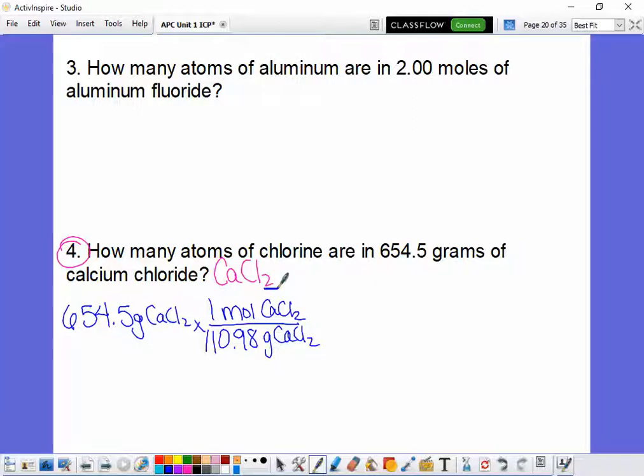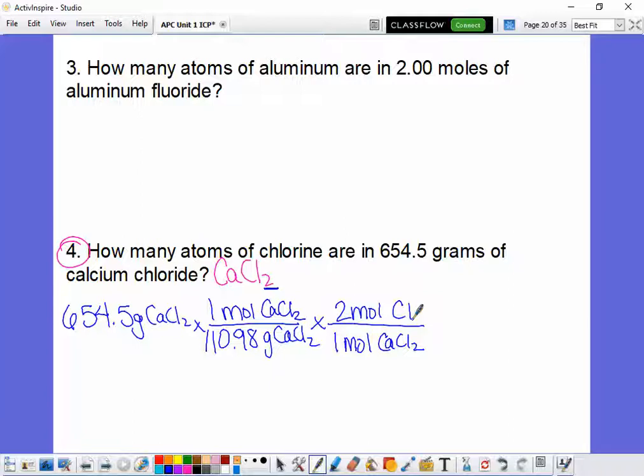So it's kind of like a stoichiometry mole ratio, but it's within its own compound. You may or may not have done problems like that in first year chem, but you can use mole ratios for a lot of things, okay? So for 1 mole of calcium chloride, we have 2 moles of chlorine atoms within that compound.